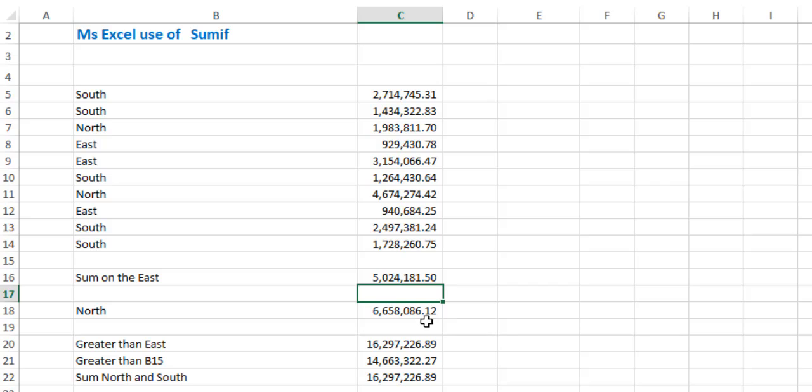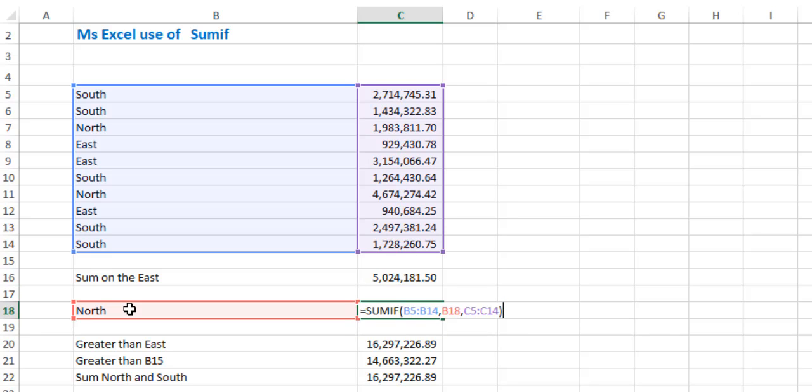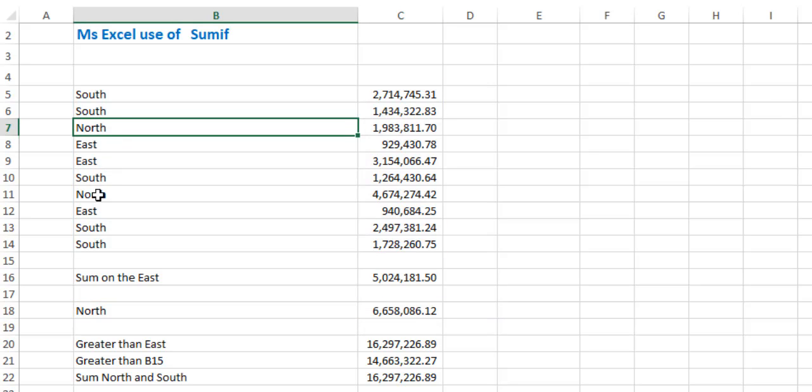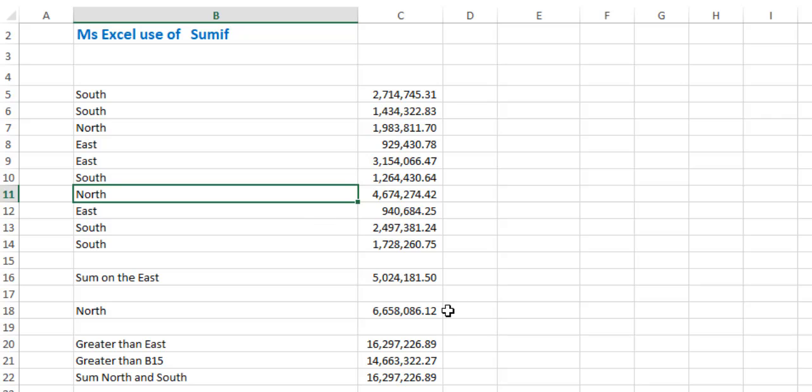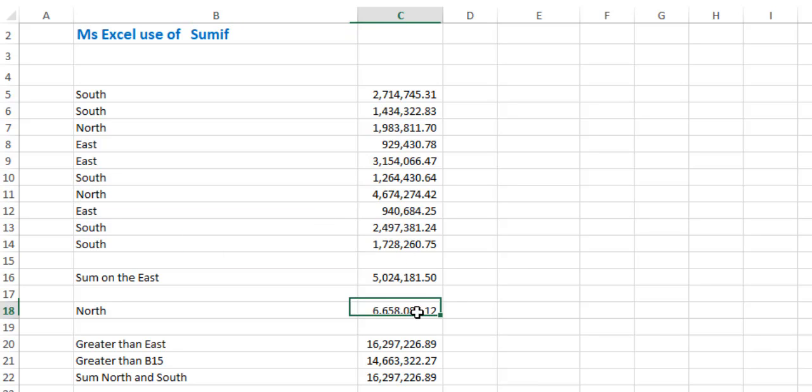But here we wrote north, and then we refer to this B18 cell. We tell Microsoft Excel in this formula to find out in this range this north, and then get the data total. So we can see that there are only 2 north, and the total of these 2 north is here.